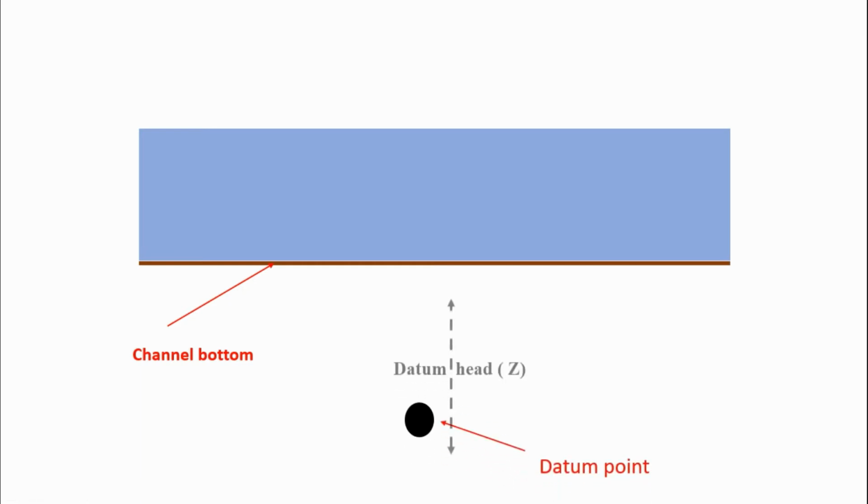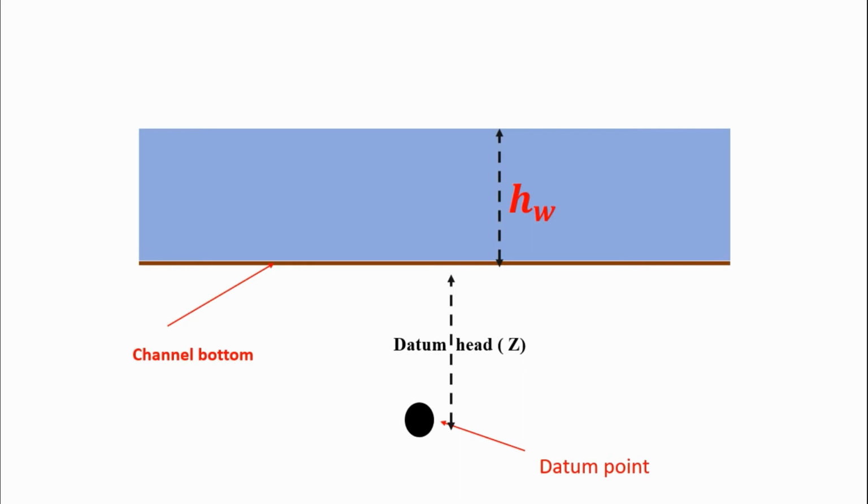Let us consider a horizontal channel, or a conduit with a free surface at the top, in which flow takes place, located at a height of z from the datum, that is datum head. The flow takes place in the channel or conduit with free surface at a depth of h_w.